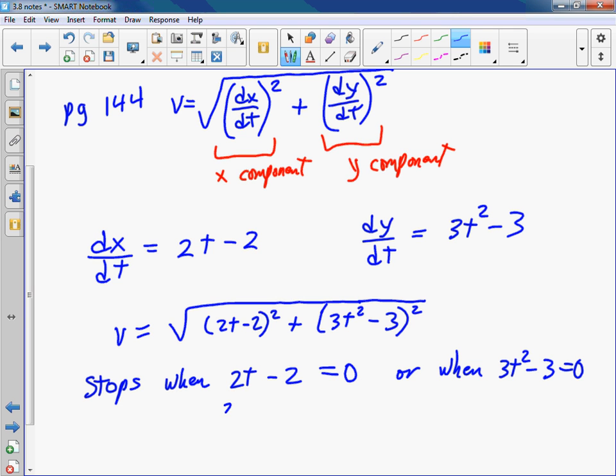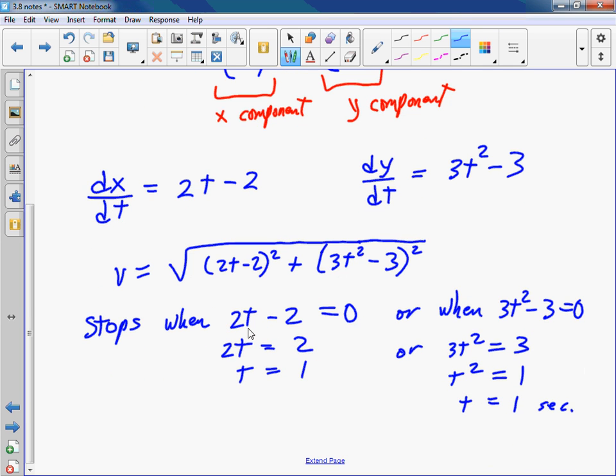So 2t equals 2, t equals 1, or 3t squared equals 3, t squared equals 1, so t equals 1. So that's definitely the time, and this is 1 second, by the way. That's when the particle stops.